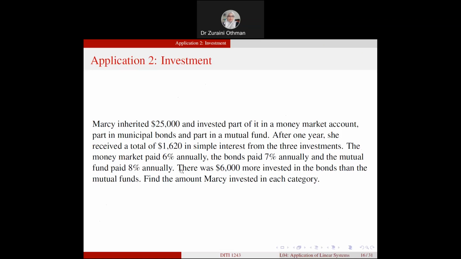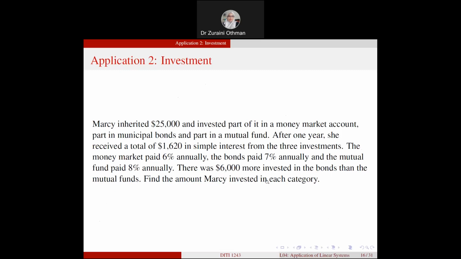Okay, then maklumat yang ketiga, there was 6,000 more invested in a bond than a mutual fund. Maksudnya dia ada perbezaan between municipal bond and a mutual fund kat situ sebanyak 6,000.